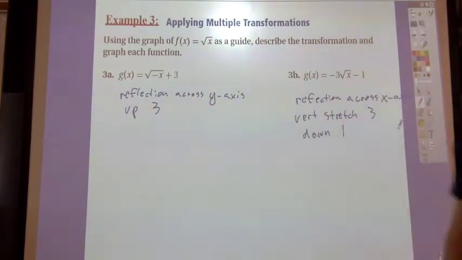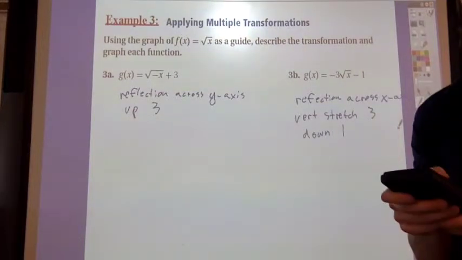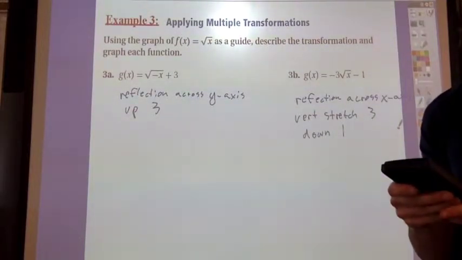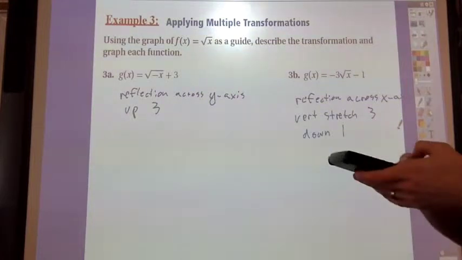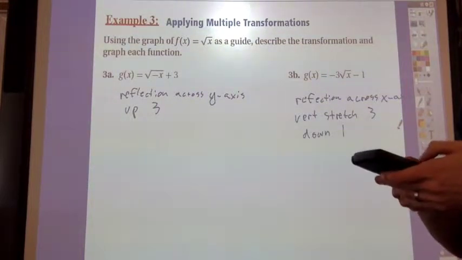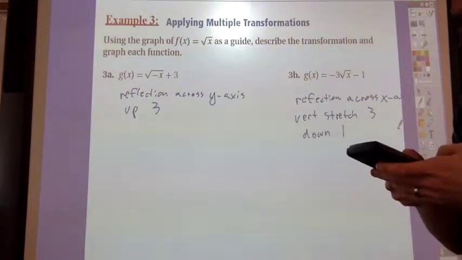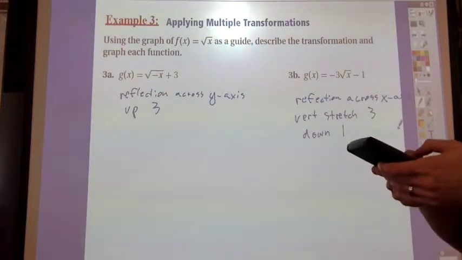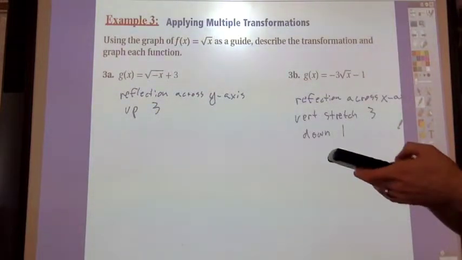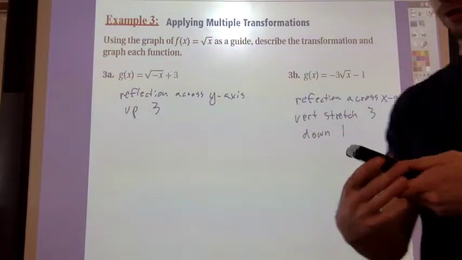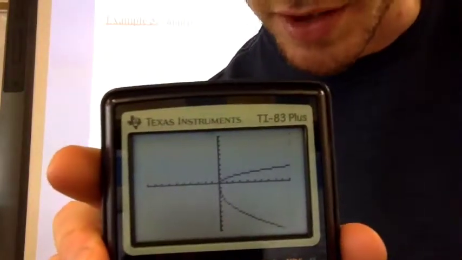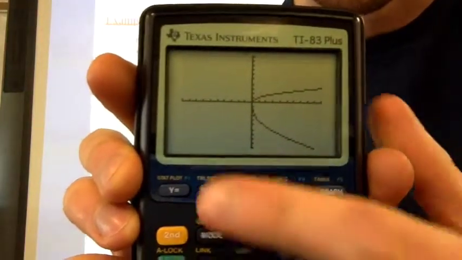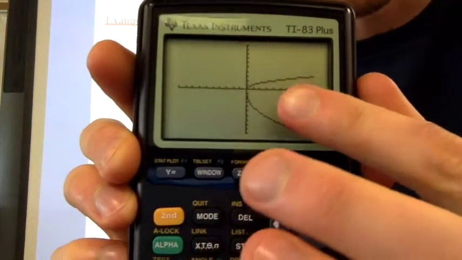And I'll tell you what I'll do is I will graph this on my graphing calculator just to save time, and show you what this deal looks like. Okay, so I've already got my parent function, and this is my parent function right here.